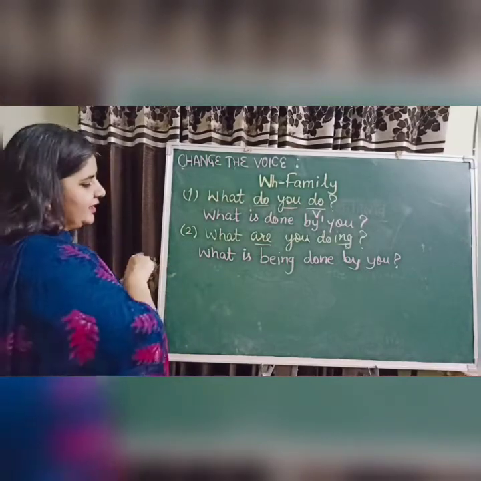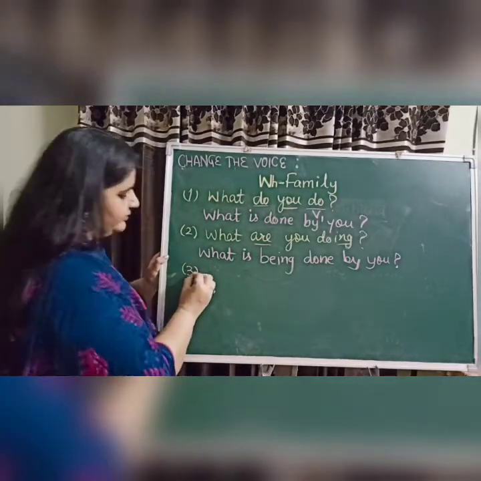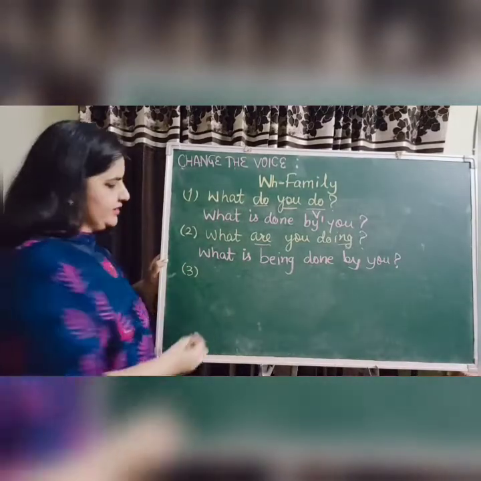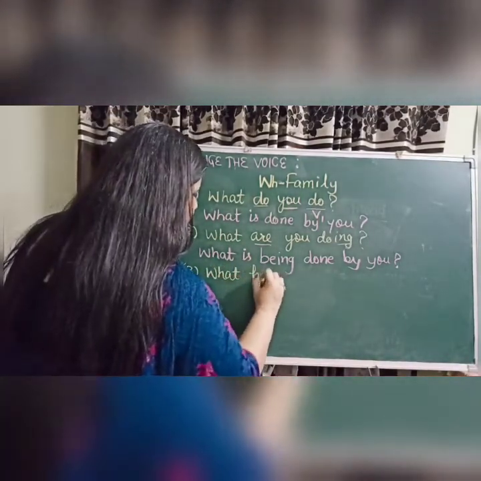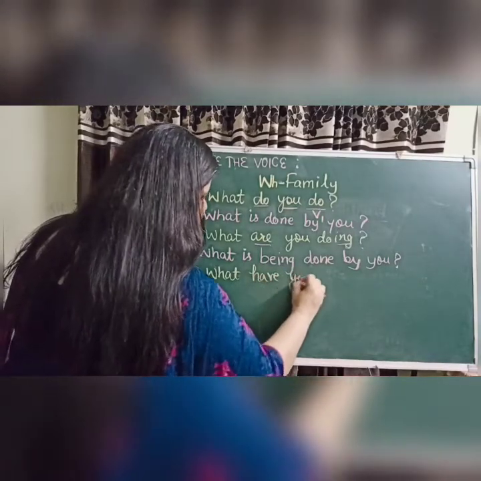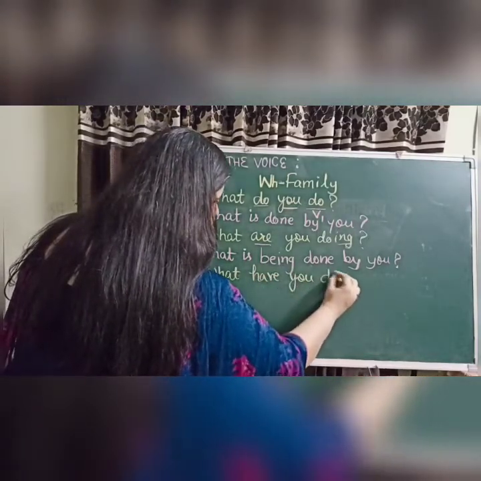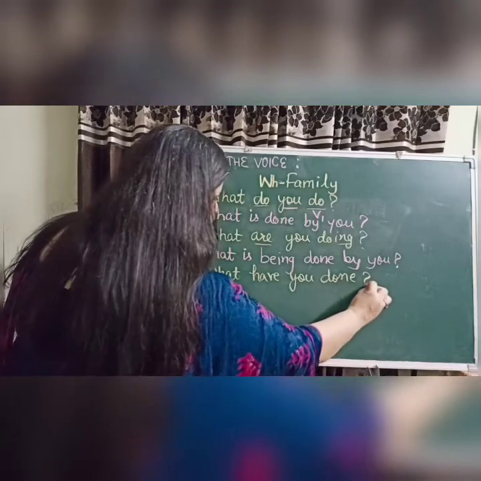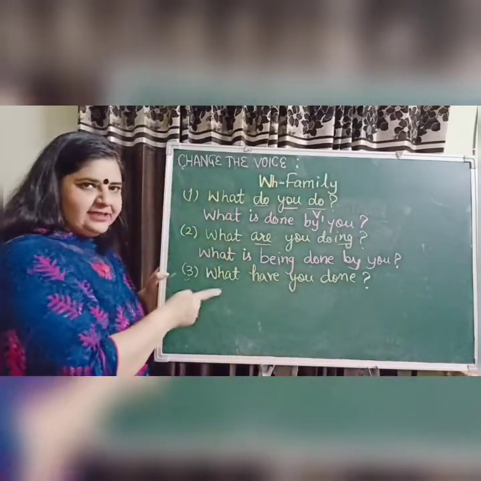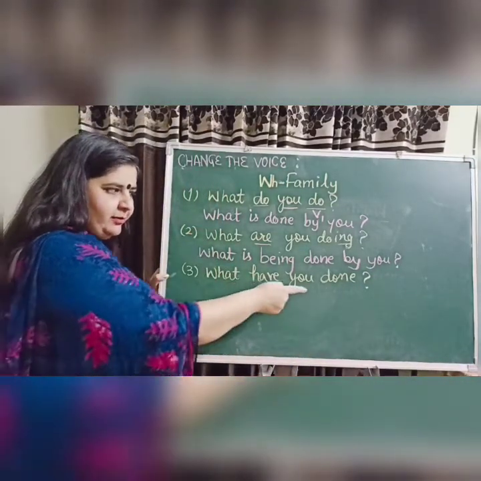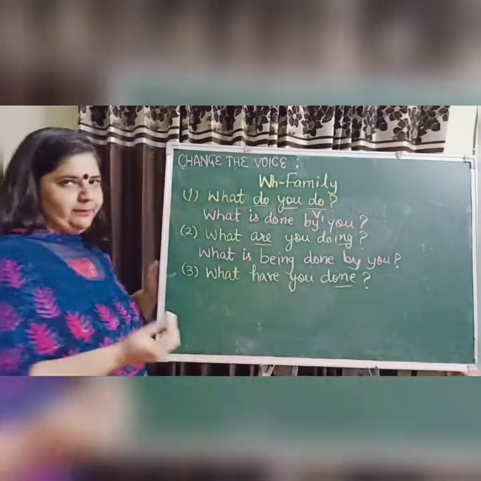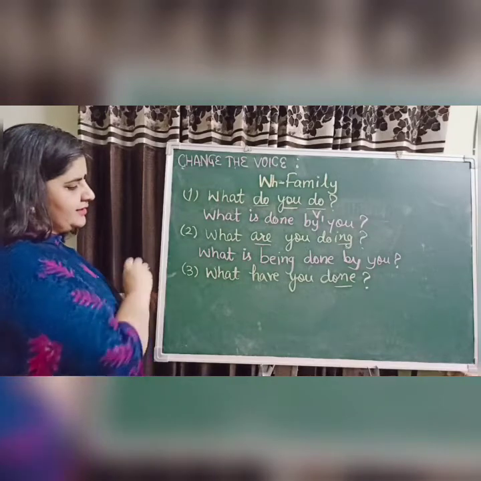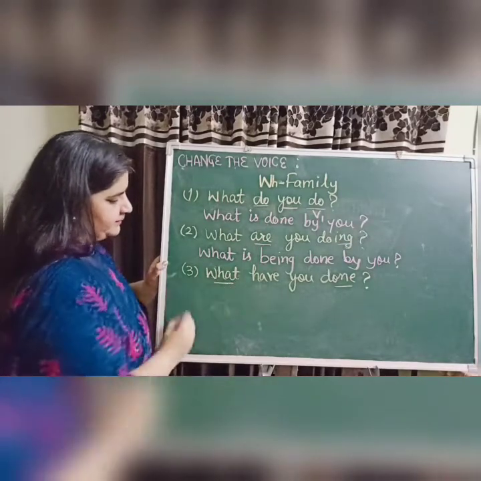Interesting. Let's take third example. The example for perfect. What have you done? So you must be noticing when we change a tense, there is a change in the helping verb and in the main verb. Now, you already have third form. So, your task is simple.